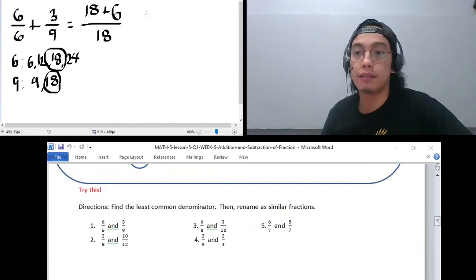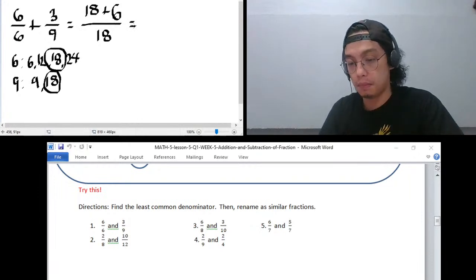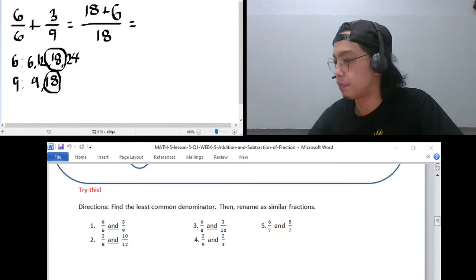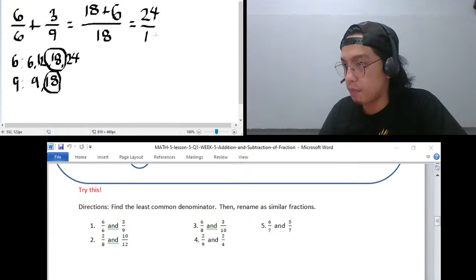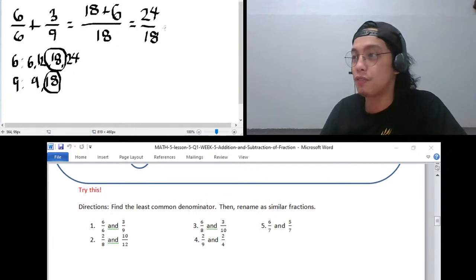Correct. And then we add 18 plus 6 is 24 over 18. Okay, so that's the answer. However, it's not yet the simplest form.